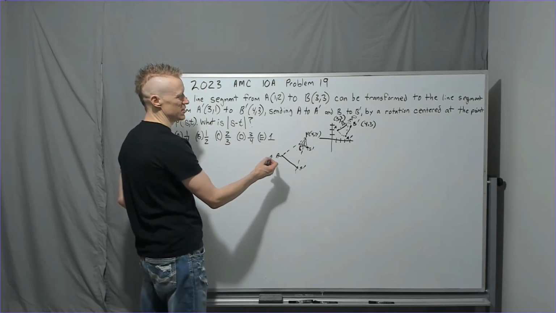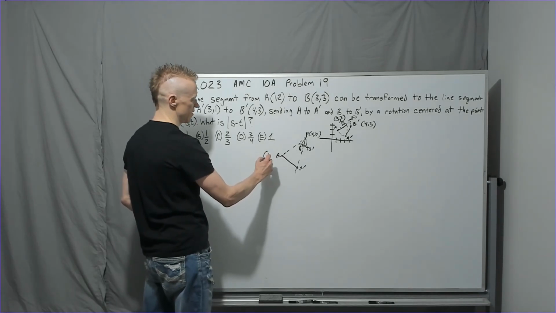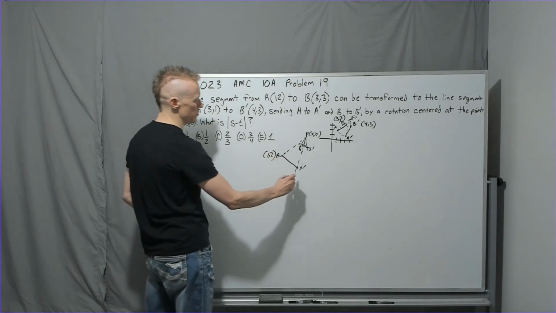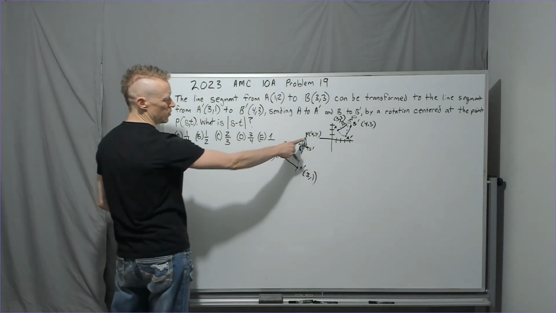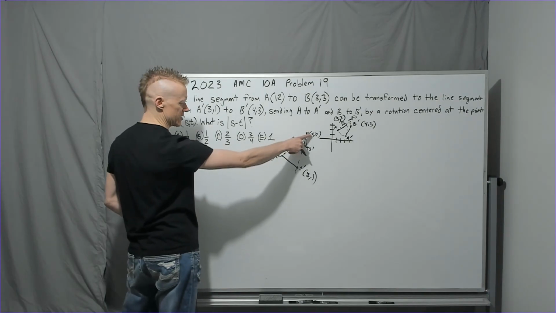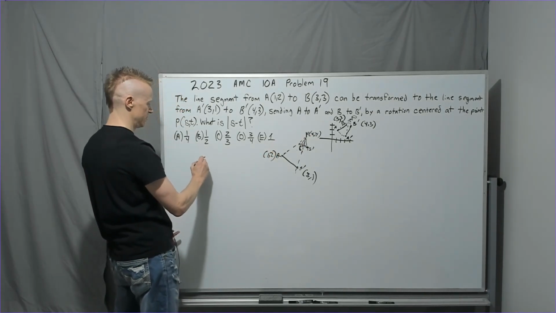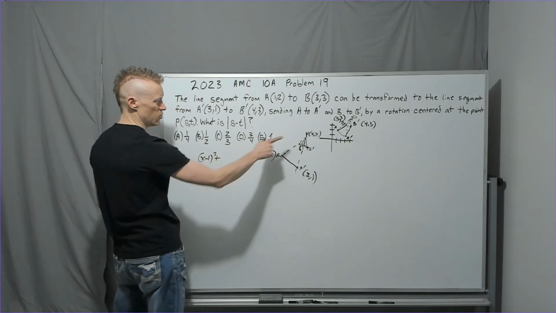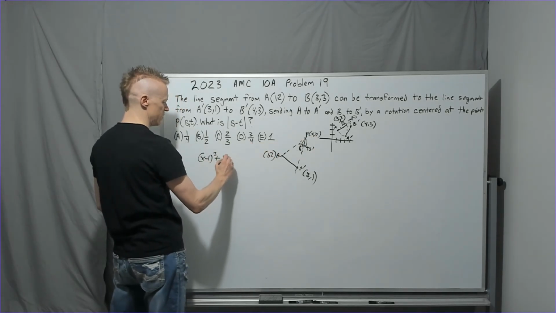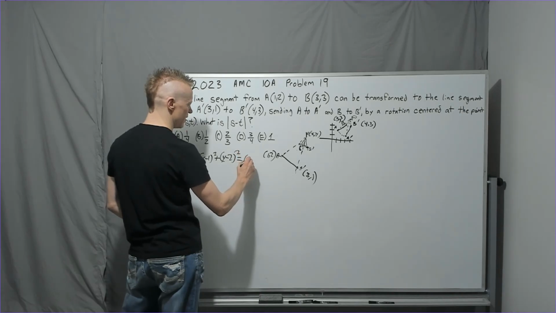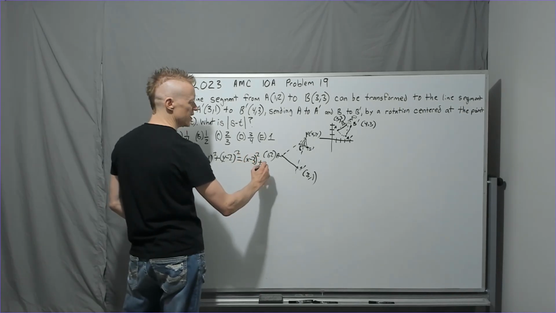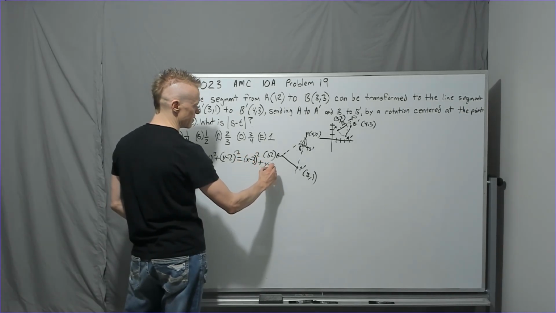So now we just have to do distance formula with (1, 2) and (3, 1). And you say, okay, well, I don't know what this is. Okay, x minus 1 squared plus y minus 2 squared has to equal x minus 3 squared plus y minus 1 squared.